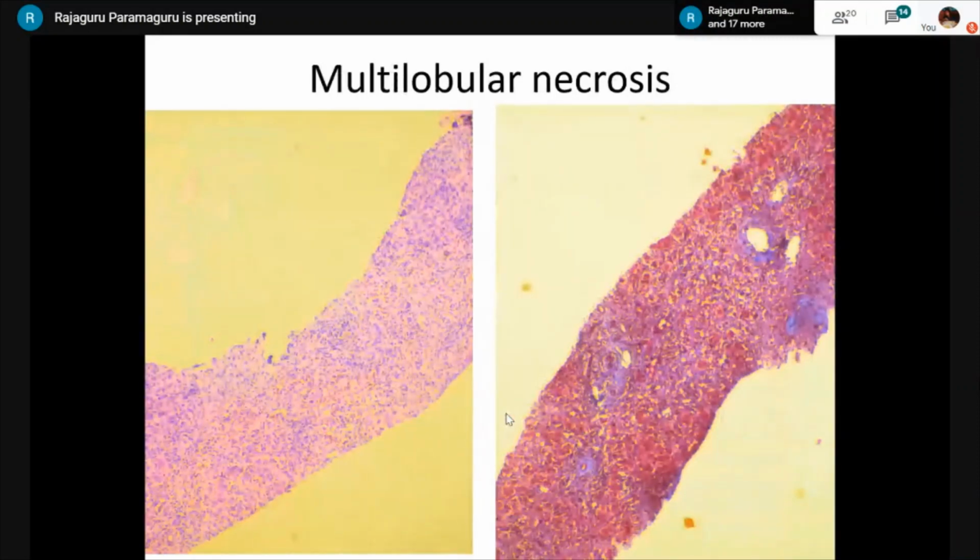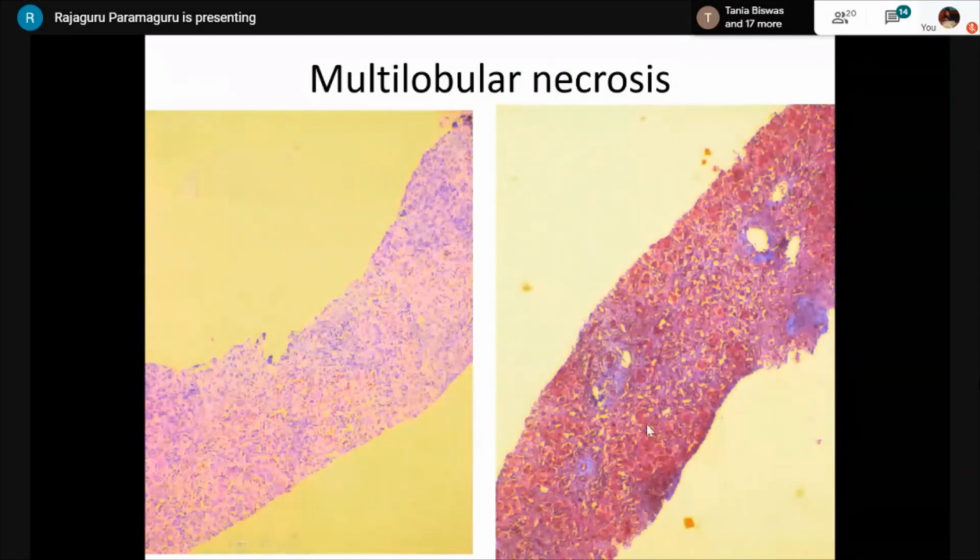And coming on to multilobular necrosis, when more than one acini are necrosed, the term is called multilobular necrosis. This is an H&E showing complete absence of hepatocytes. And in the previous session, I told you that with the destruction of the hepatocytes, the stem cells gain a phenotypic or morphological appearance of a ductular structure.